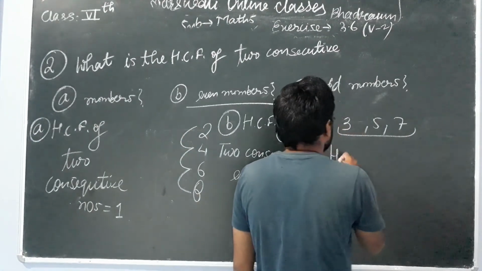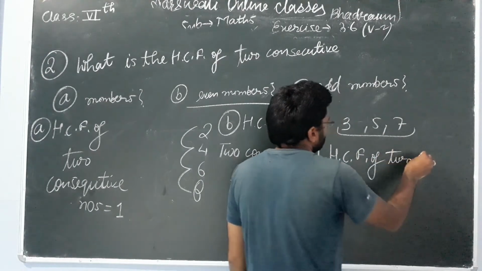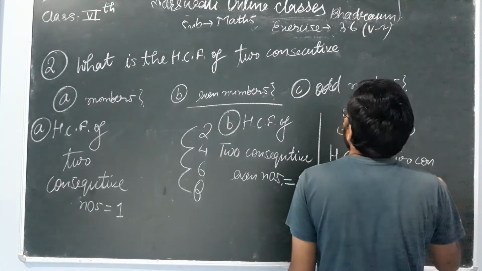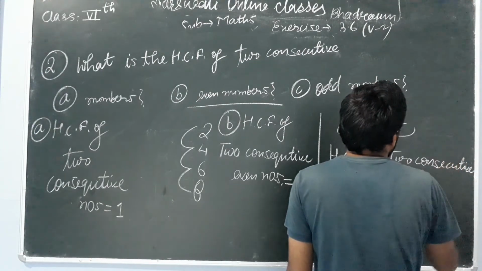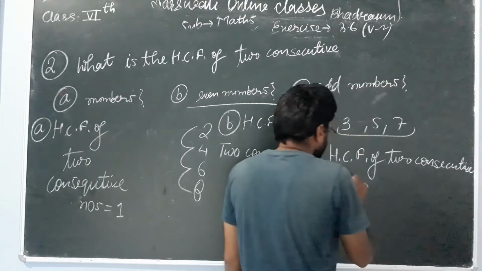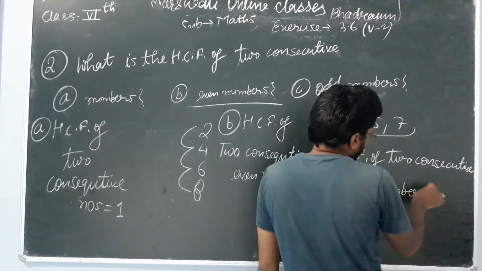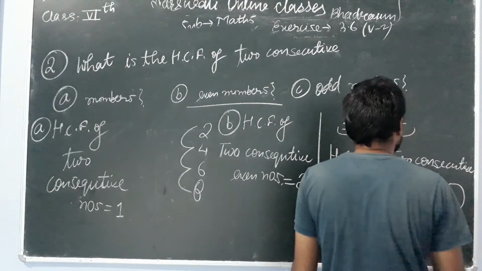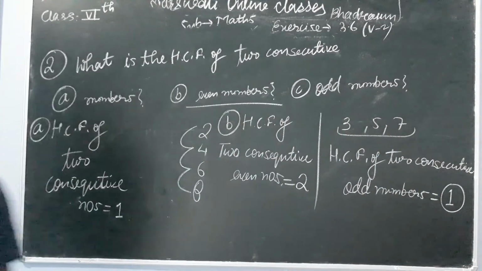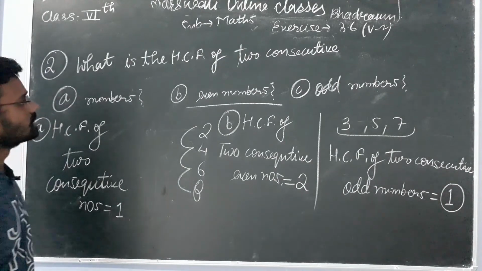Hence HCF of two consecutive odd numbers is always equal to 1. This was our question number 2.